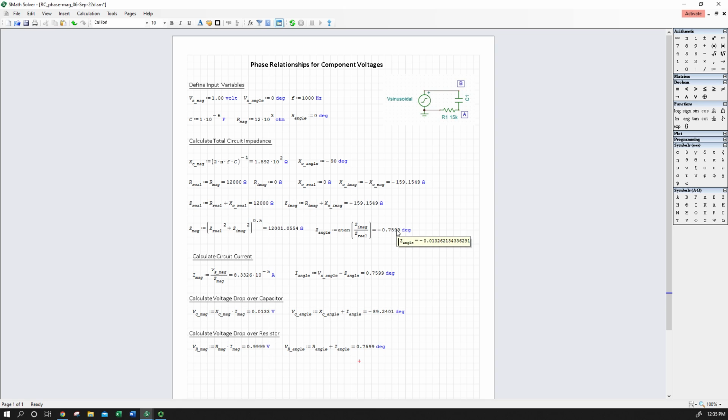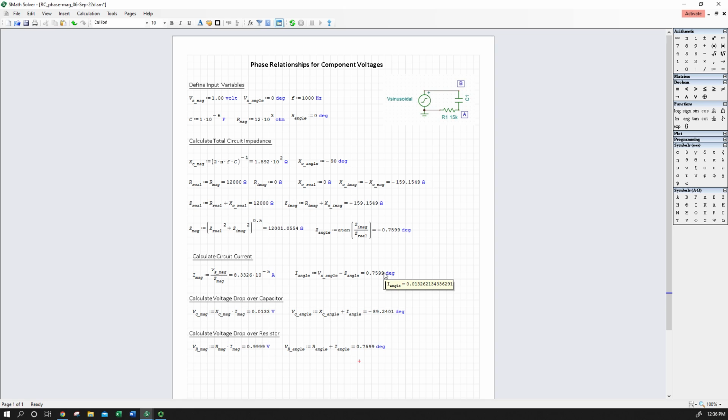So, it shouldn't be a surprise that these two numbers are the same but with a different sign. That is an artifact, or a function, of the fact that our angle is 0. Remember that the voltage drop over our resistor is going to be in lockstep with the angle of the current.